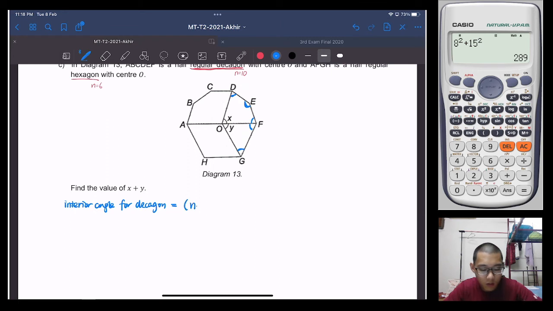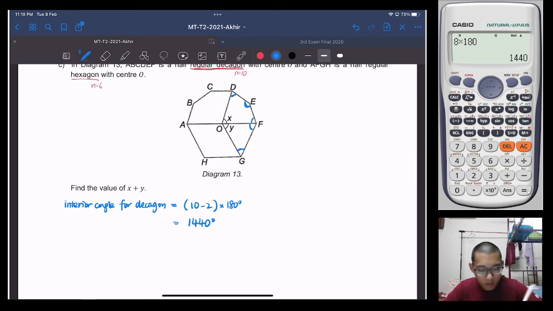Or you can use the formula 10 minus 2, and then times 180 degrees, also can. So we have 8 times 180. How much do we have? I didn't remember already. 8 times 180. Sometimes I need to use a calculator, but now I didn't have any calculator in my hand. Okay, so it is 1440.